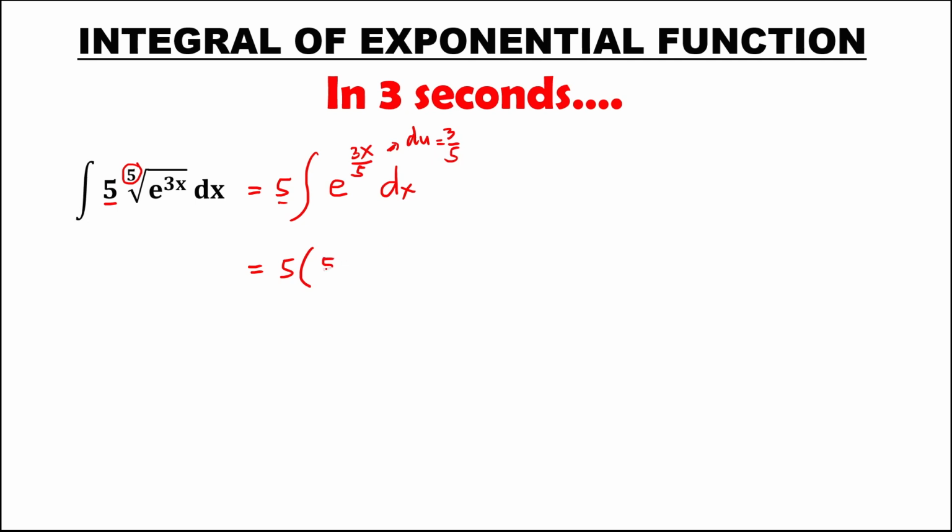So this is 5 over 3, then copy the given, e to the power 3x over 5, then plus c. Then to simplify, 5 times 5 is 25, then over 3, then we have e to the power 3x over 5 plus c.